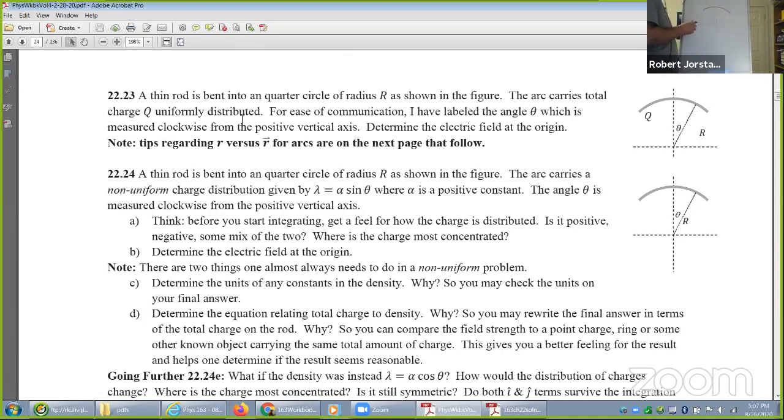Here's my random chunk. Here's my R vector. And I was told that this angle inside here is theta. So now I'm just going to check. I know it's to the vertical, so that's going to switch the sine and the cosine.